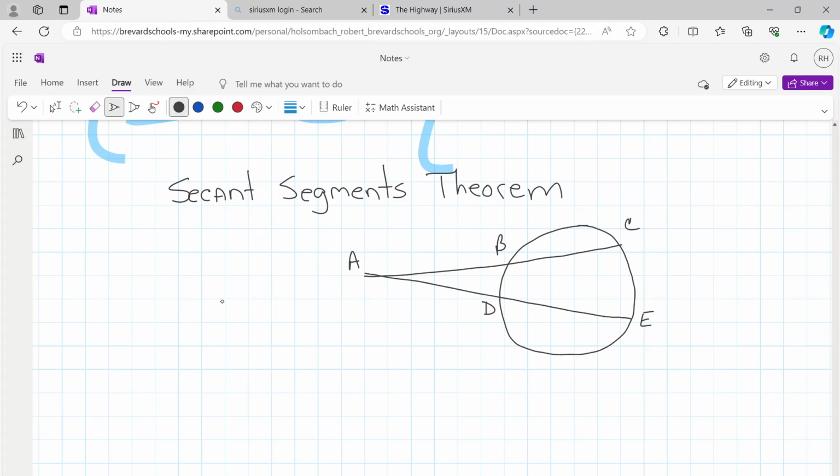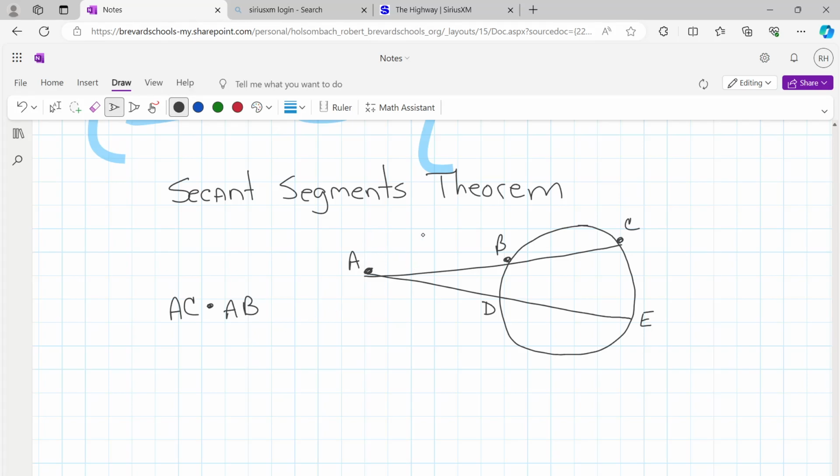What the theorem says is that when you're finding these segment lengths, or if you're solving for a variable that represents one of these segment lengths, that this entire piece right here, AC, A to C, the entire piece times its outside piece or its exterior piece, which in this case is AB.